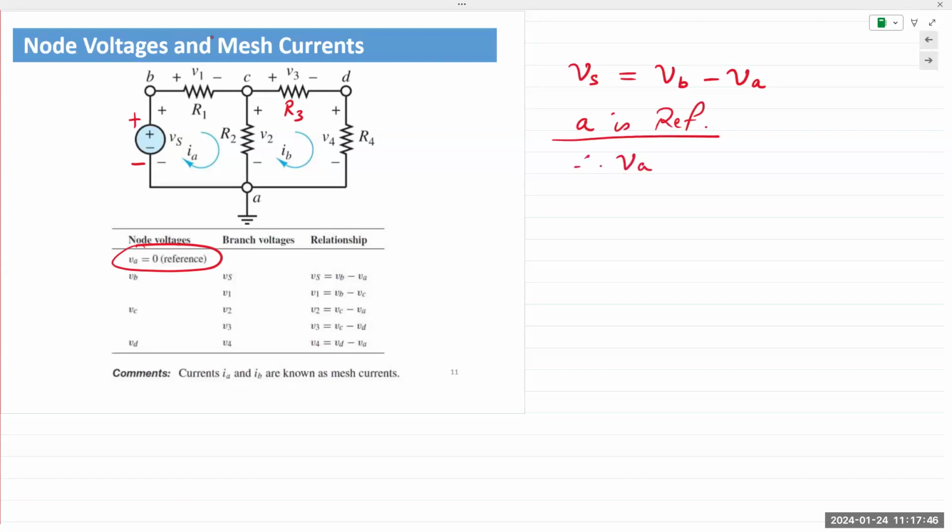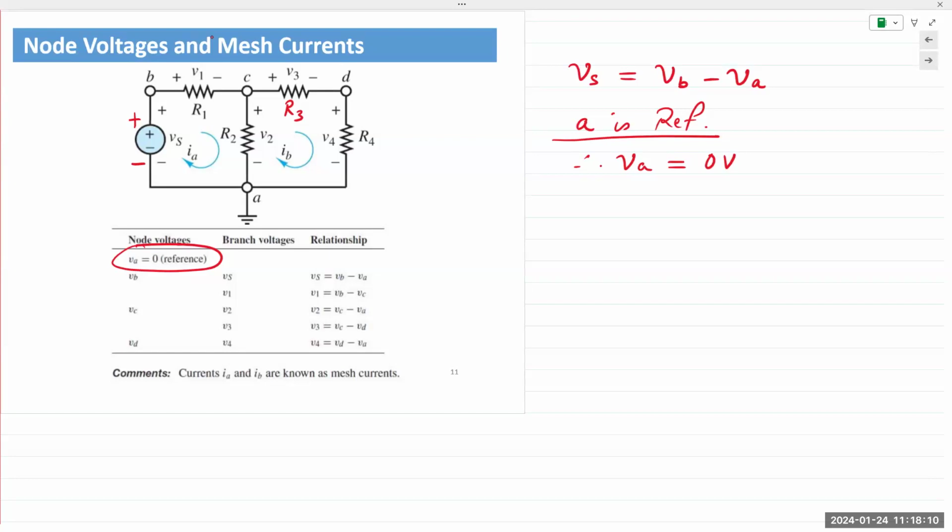And if A is chosen as reference, what is the voltage at A measured with reference to itself? 0 volts. So automatically, I have the answer for one node.